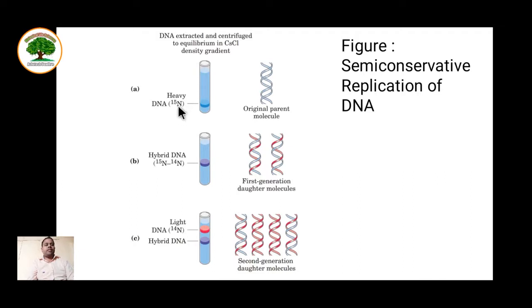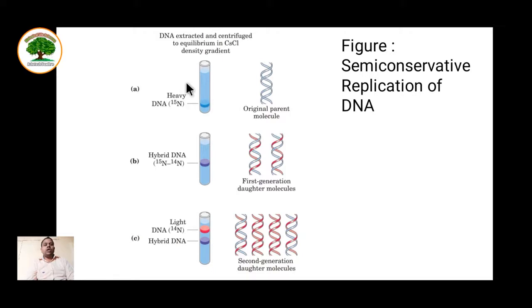So this DNA will have the N15 isotope of nitrogen. Now when the DNA is extracted and centrifuged to equilibrium in a caesium chloride density gradient, it will form a heavy nitrogen band here like this. So this band is from the original parent molecule grown in the N15 containing medium.